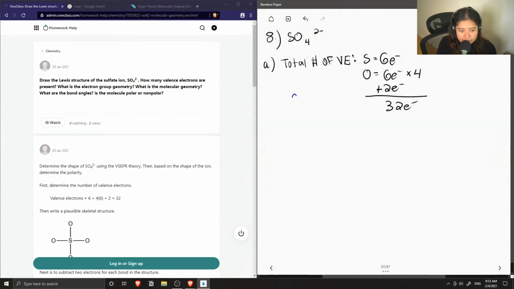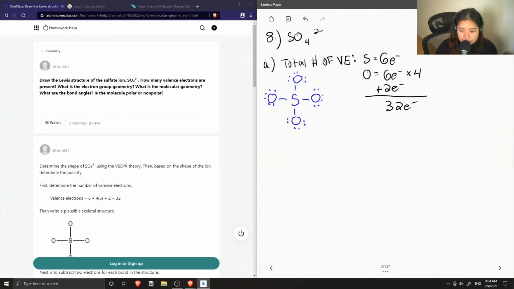So we'll have sulfur as our central atom. And let's see what happens if we were to draw out the 4 single bonds to oxygen and fill in all of the lone pairs. So if we were to calculate the formal charges of all of the oxygens, when we have a single bonded oxygen, it has a formal charge of -1.